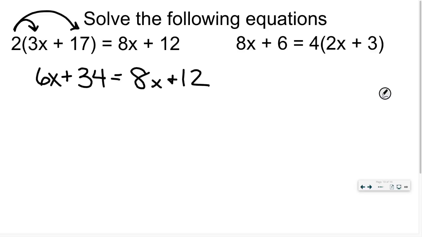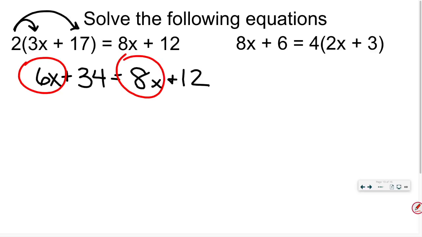Once you simplify, you should see that your coefficients are different. The variables are still x, but on one side I'm multiplying x by 6, and on the other side I'm multiplying x by 8. Very different operations. They're not identical, which means what? I know how many solutions there will be. One. There will be one.